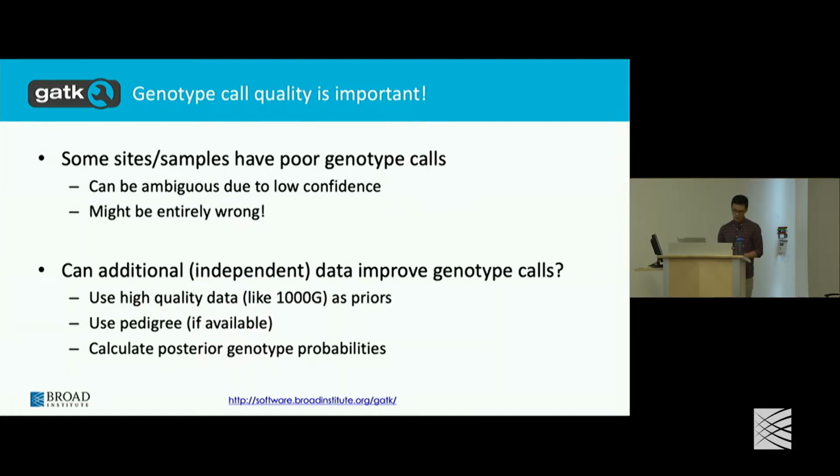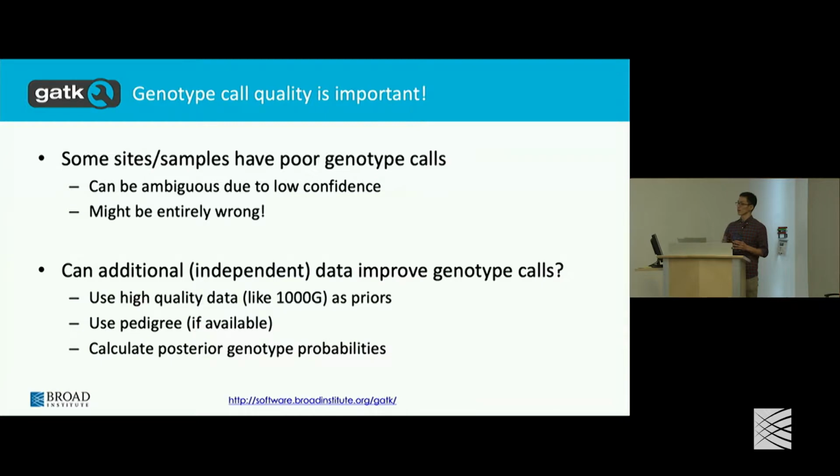And also, if it's available, we could use the genotypes of the patient's or the sample's parents to see if there are any Mendelian violations, where the parents' genotypes do not agree with the child's genotype.